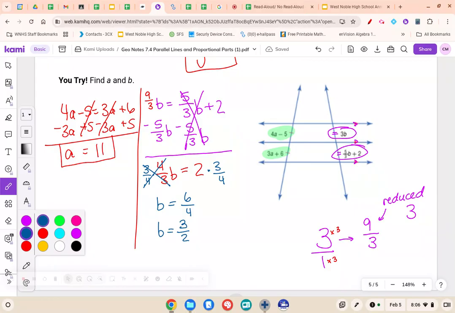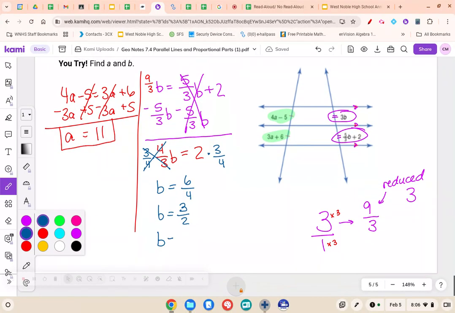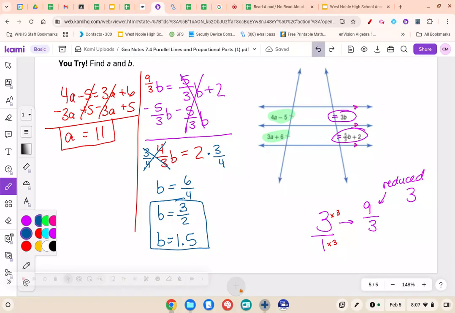And if you want to write it as a decimal, it's simply 1.5. So I would take either of these two answers, unless I specifically said fraction or specifically said decimal. Okay? So that one's a little bit trickier, but we made it to the end.